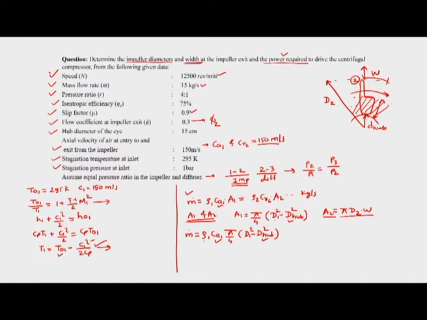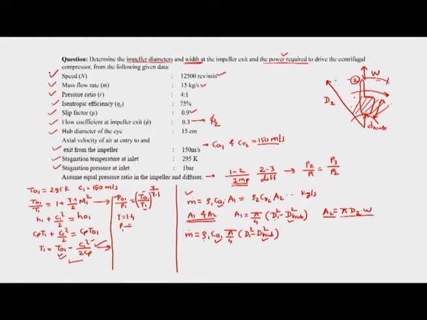But then we need to find the density, so we have to take help of pressure. We also know that the stagnation pressure is 1 bar. So P01 upon P1 is equal to (T01 upon T1) raised to gamma upon gamma minus 1. Gamma for air is 1.4, T01 is 295 Kelvin, T1 is found from here, and P01 is 1 bar.